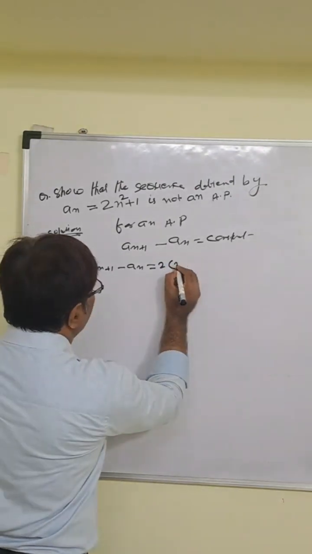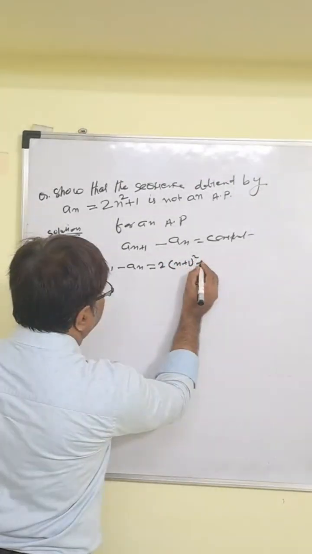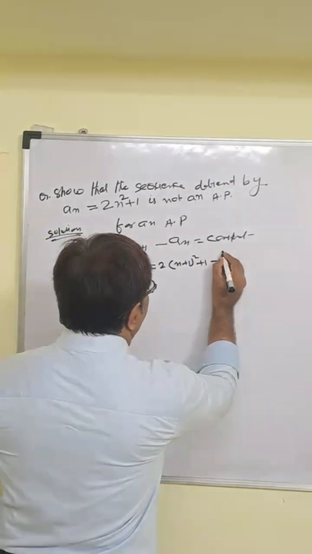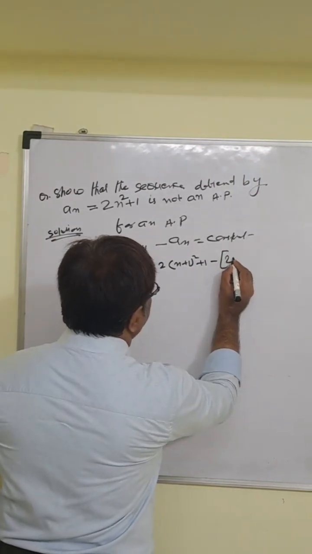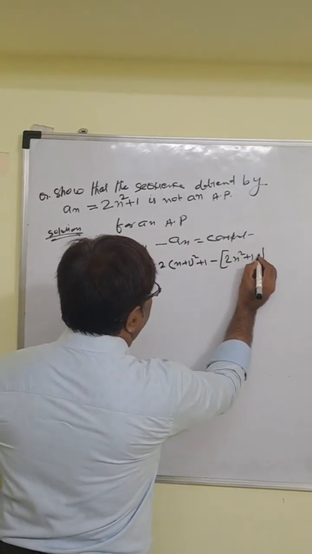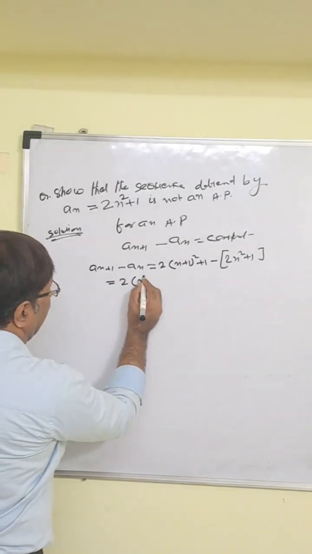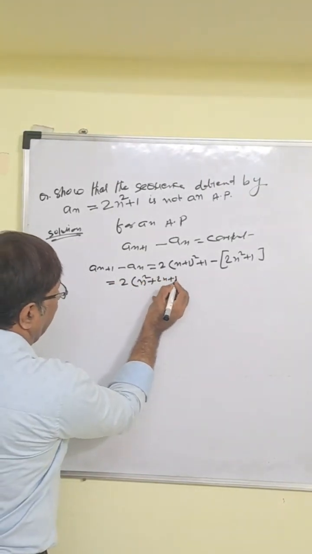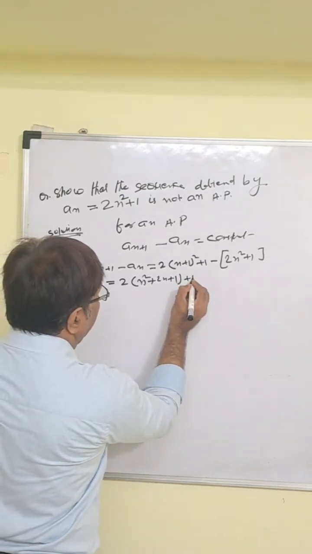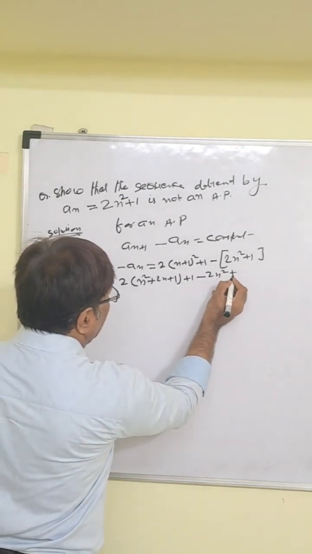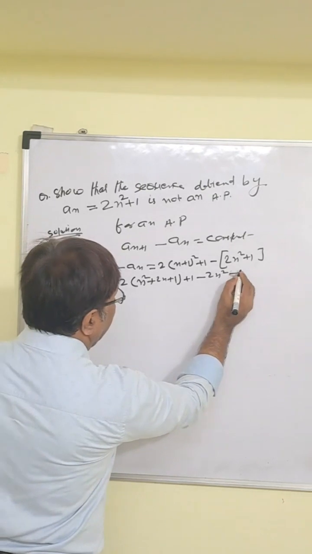So 2 into (n plus 1) whole square plus 1, and minus a_n, which is already given, that is 2n square plus 1. Now we can write 2 into (n square plus 2n plus 1) plus 1 minus 2n square minus 1.